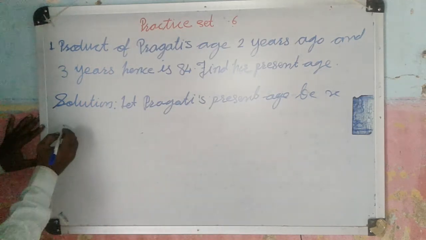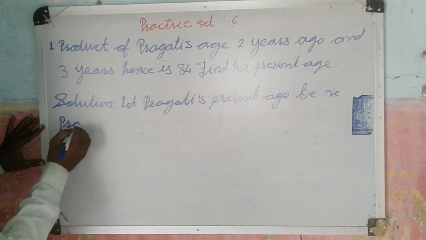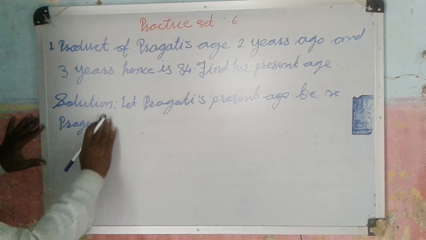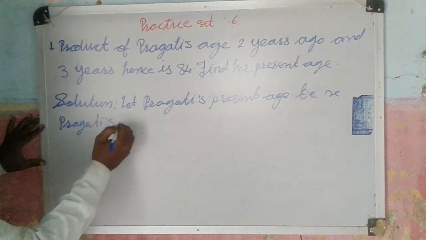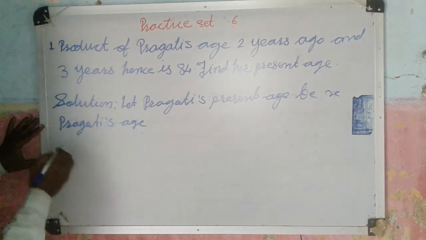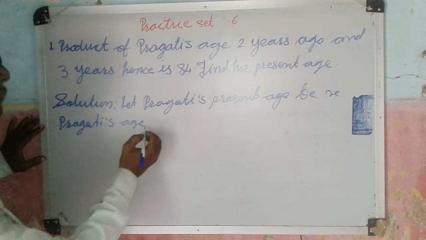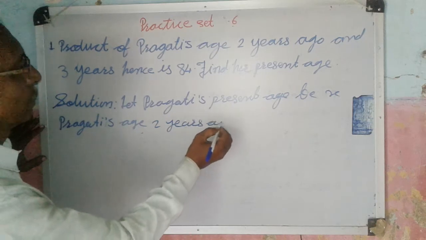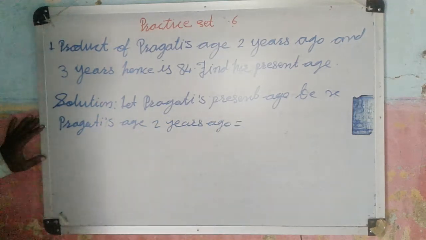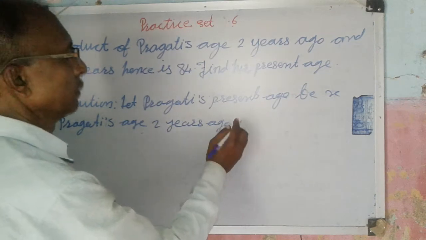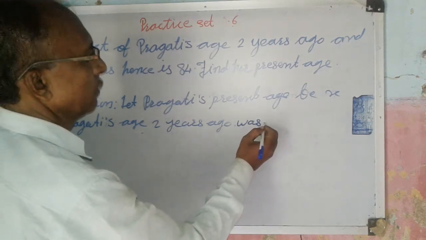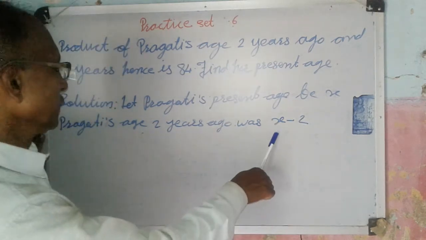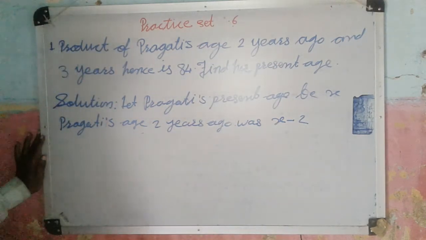So x minus 2, that means present age minus 2.